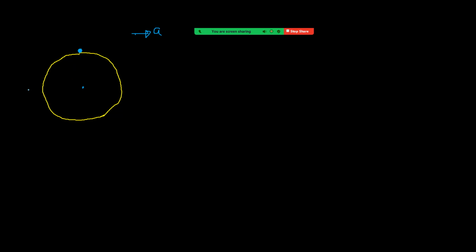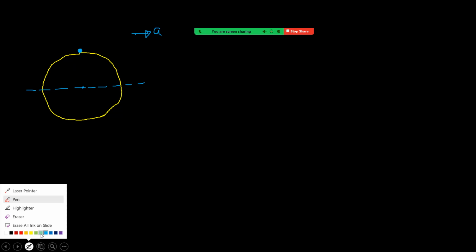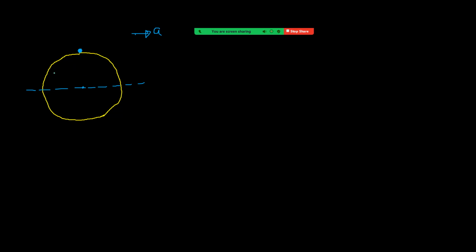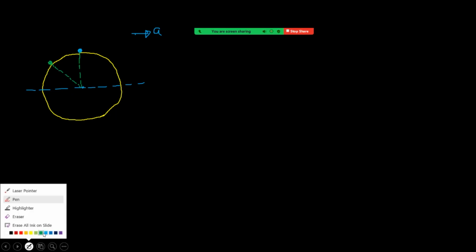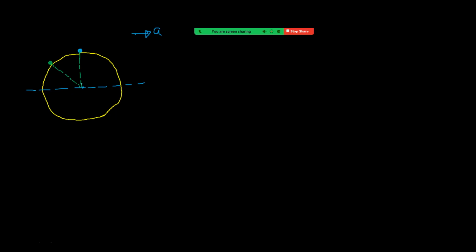Let us do one thing. Let us say at one point of time that a particle is somewhere here. Line showing that particle to the center makes an angle theta with vertical.